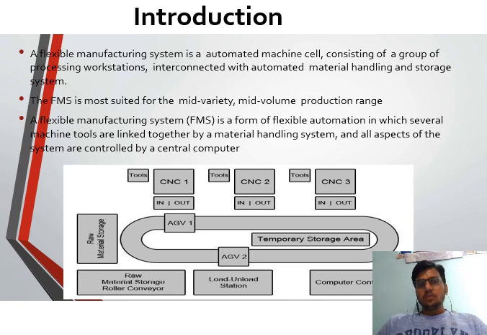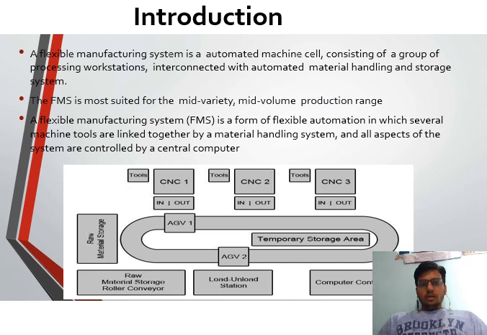This flexible manufacturing system is most suited for the mid variety and mid volume production range, meaning industries or organizations where the variety is not much but medium, and the production volume is at a mid level, not so high, not so low.